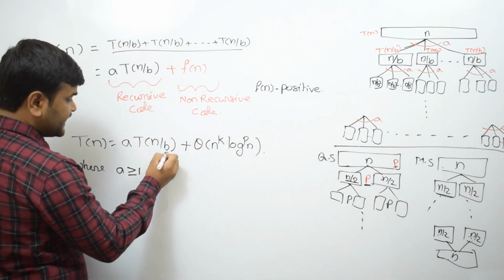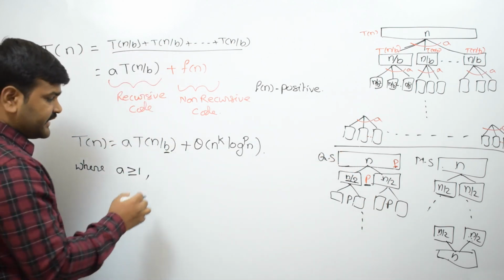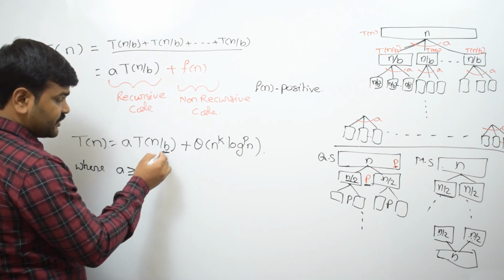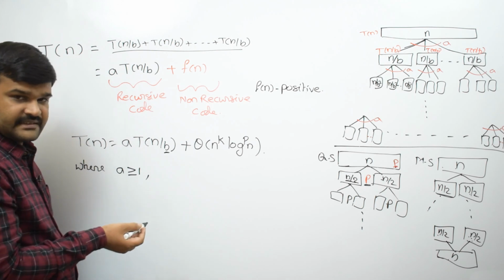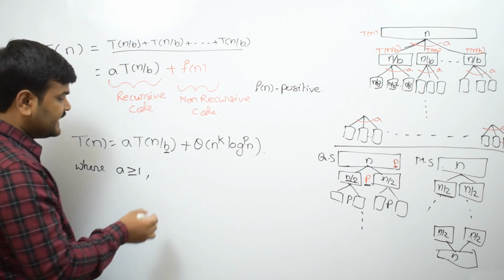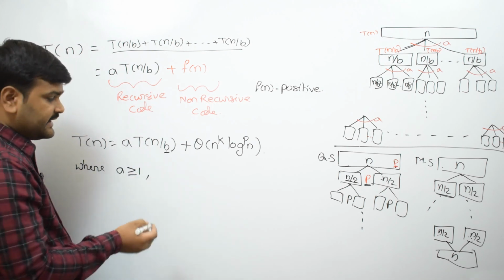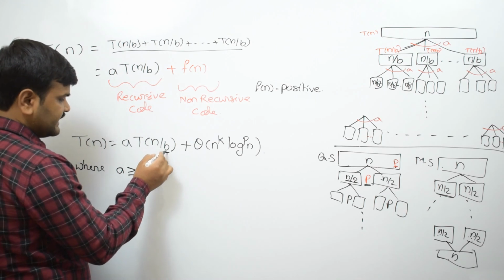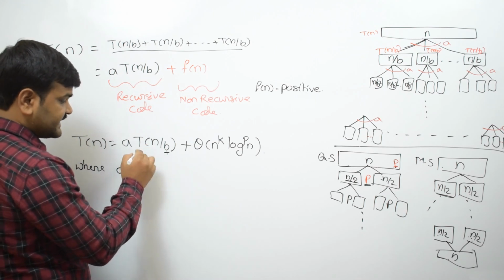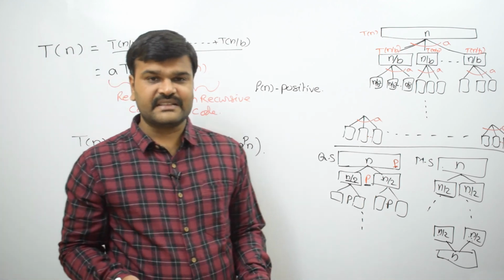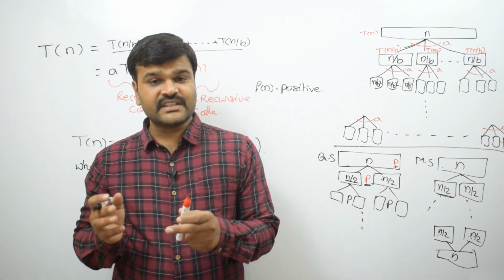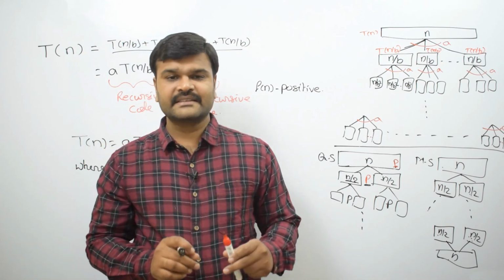Now what about b actually? If b is 0, n by 0 is infinity, so that is not valid, not meaningful. If b equal to 1, T of n by 1 means T of n only. The input size is not varying, so that will theoretically lead to an infinite call, right?